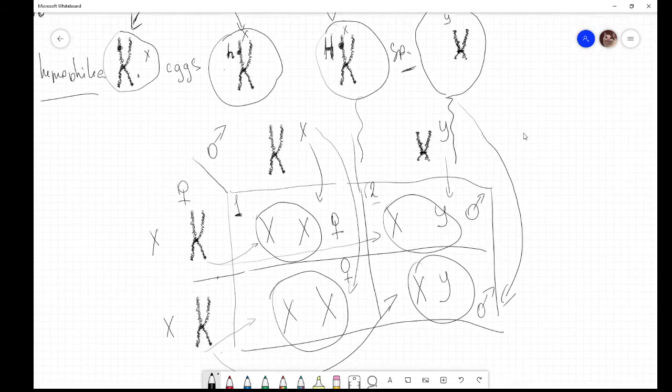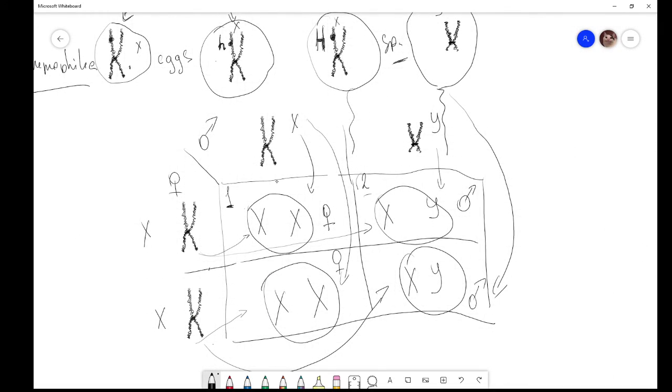And we can see how we write this in a genetic task.